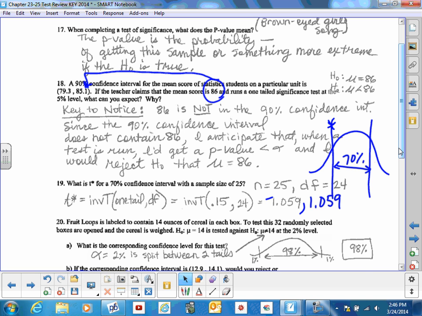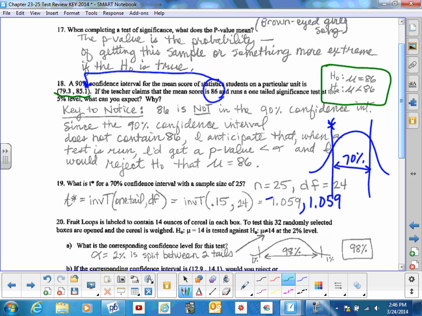A 90% confidence interval is this. Here is the key to this problem. Once again, I am thinking about what the null and the alternative hypothesis would be. Okay, so my null is that the average is 86. So if I see that this 86 is not in my interval, then when I go run a test, I'm probably going to reject that null hypothesis.